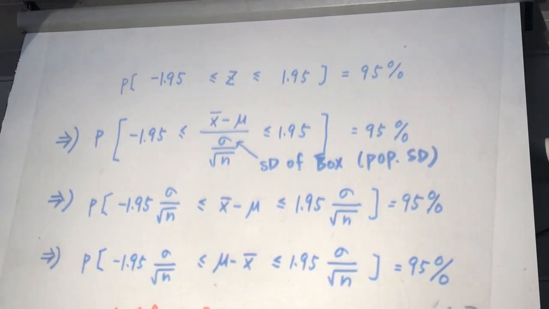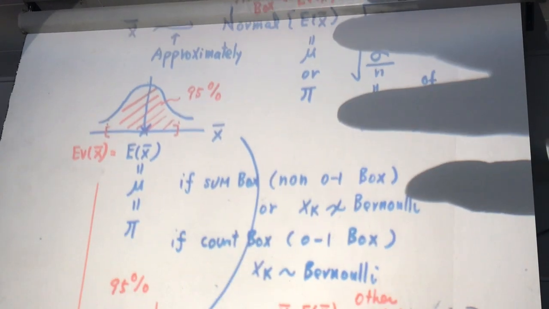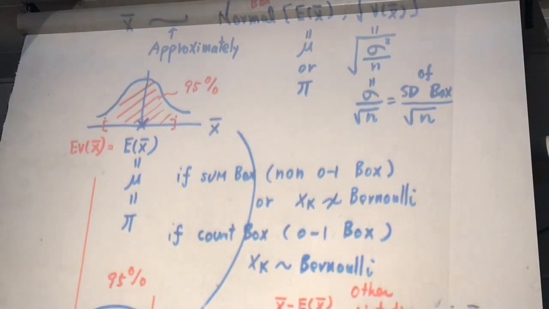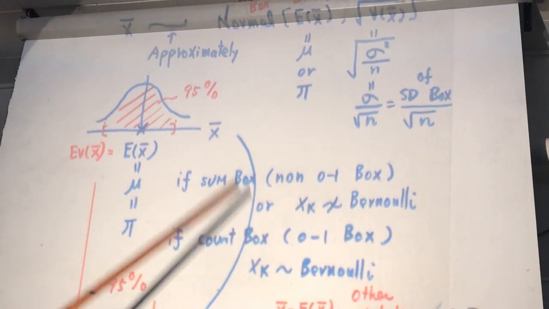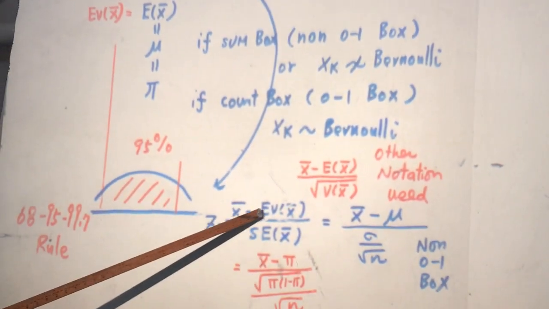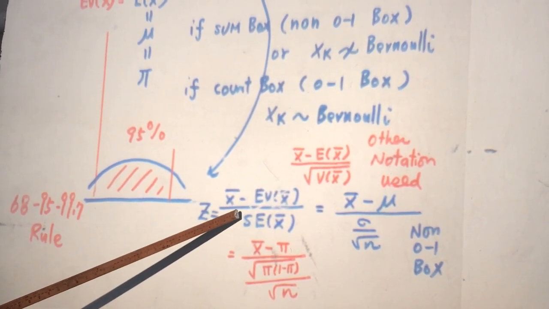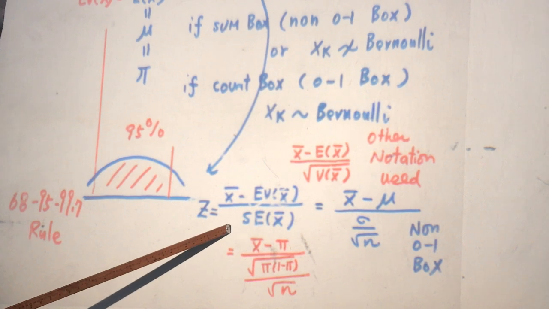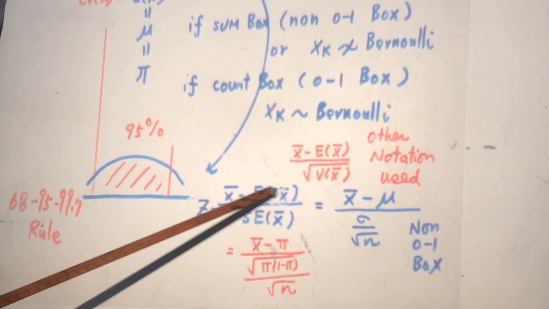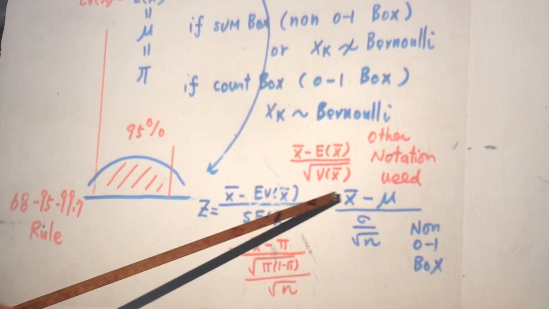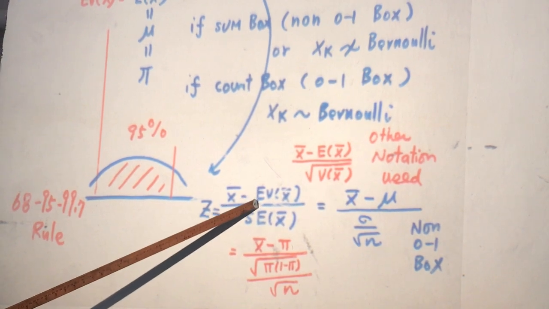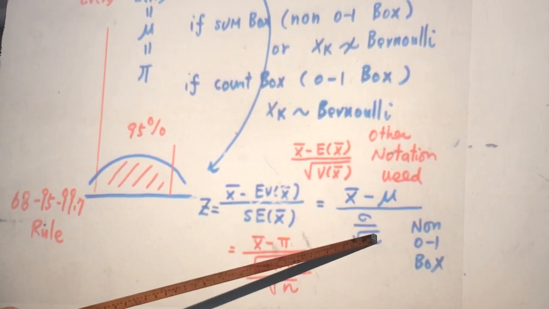You standardize X-bar: you subtract the expected value of X-bar, and then divide by SE of X-bar, or standard deviation of X-bar. You get X-bar minus mu, and the denominator is sigma over square root n.